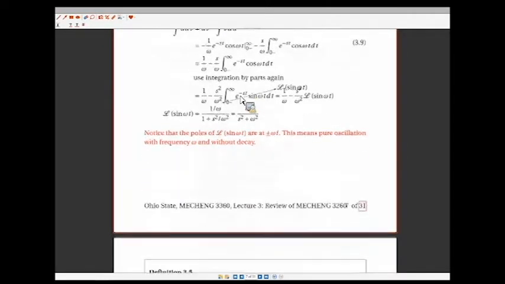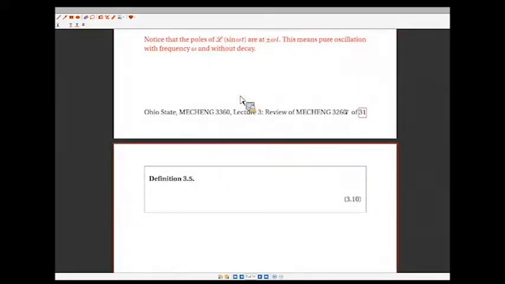Some other ones that are of interest: first off, the step function. We'll be using the step function a lot in this class. The step function u of t is defined by u of t equal to 0 for time less than 0 and 1 for time greater than or equal to 0.